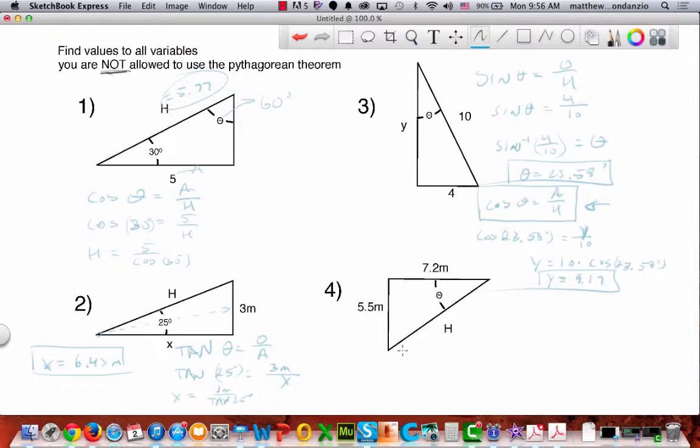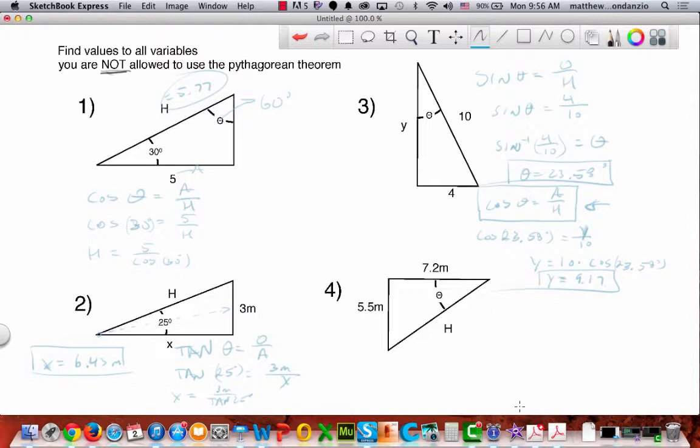All right, so let's figure out on number 4, how do I figure out theta? Well, which function are we going to use? What things do I have? If I'm looking at theta, what sides do I have relative to theta? Opposite and adjacent.